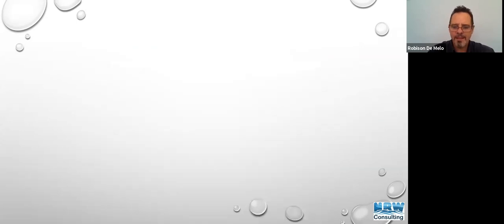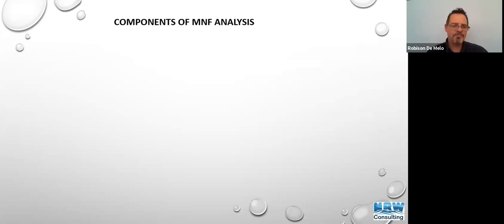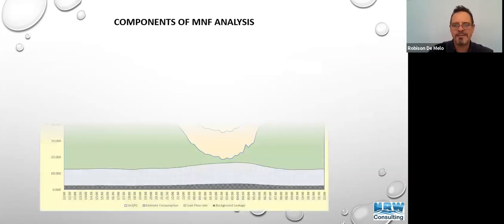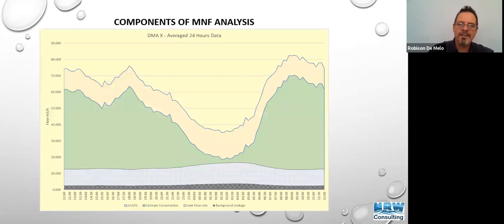Now, having this information, we can do the components of minimum night flow analysis. We can identify not just the minimum night flow, but the profile on the system.